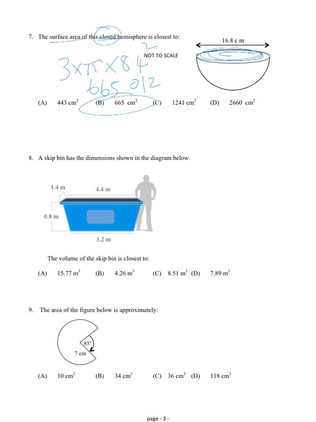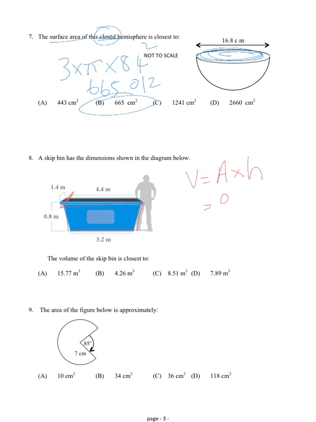Okay, number 8. We have a trapezoidal prism. So we have a trapezium that goes back 1.4. So volume is area times height. So area of the trapezium: the trapezium is h on 2.